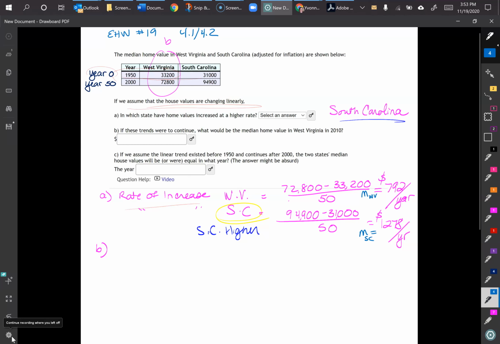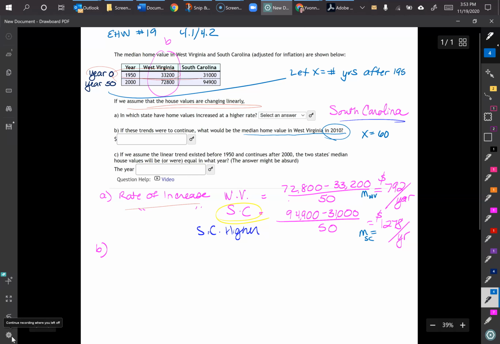For part B, it says, if these trends were to continue, what would be the median home value in West Virginia in 2010? So we have to make an equation, a model for us to use. 2010 would actually be X equal to 60, because remember our X, we should write that somewhere up here. We could write let X equal number of years after 1950.